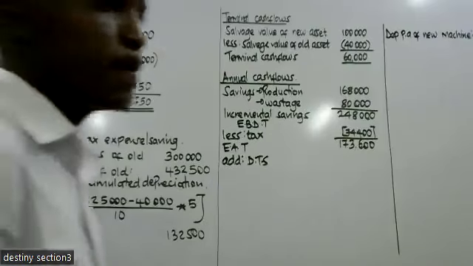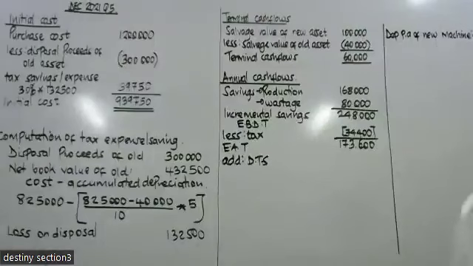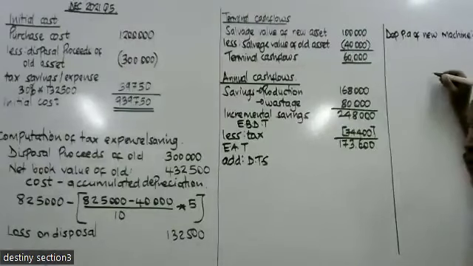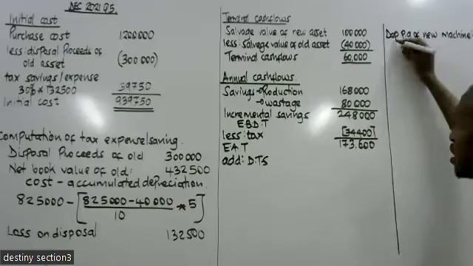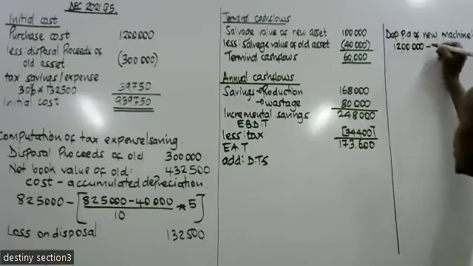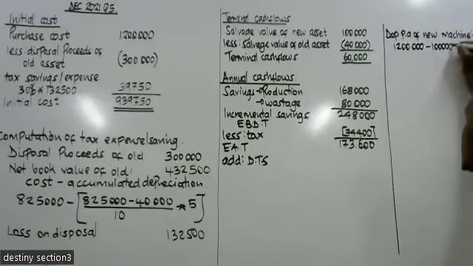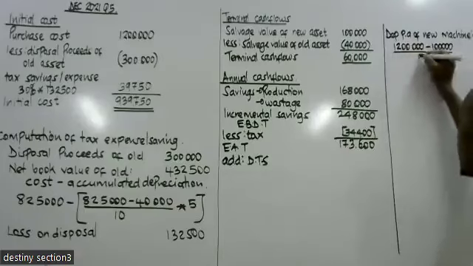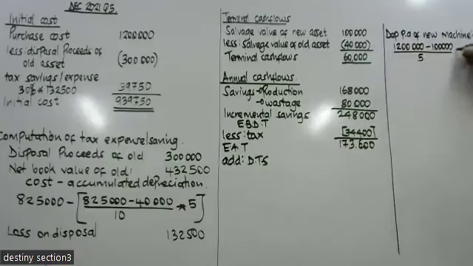How much? 20,000? What did you take? 1.2 million minus salvage value of how much? Divided by 5. You said it is 2 million. Yes.